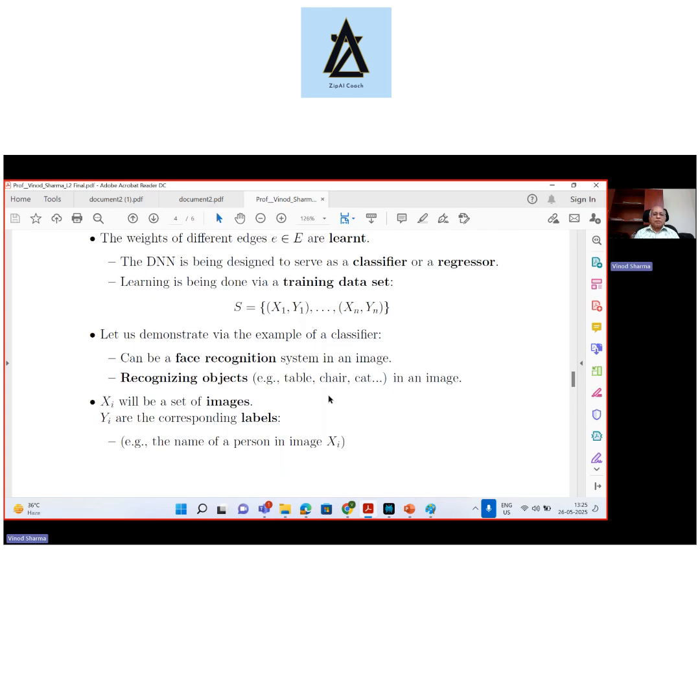As I said, in this case, for object recognition, the xi given here are the images, and yi are the objects in those. So y1 is the object or multiple objects in x1, and so on.